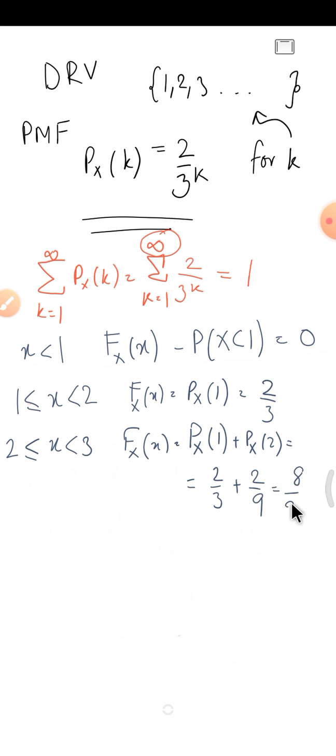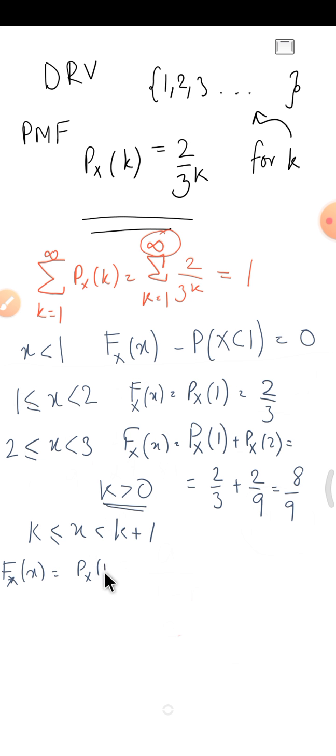So here we can see that for x belonging to the range k to k plus 1, where k is greater than 0, or you can even say k is greater than or equal to 1, F of x will be equal to P of x1 plus P of x2 plus P of 3 up to P of k. I hope you are clear with this point. It is pretty logical seeing from this one.